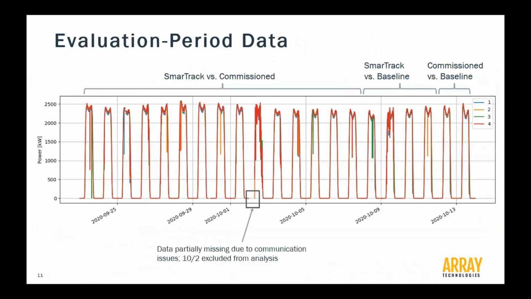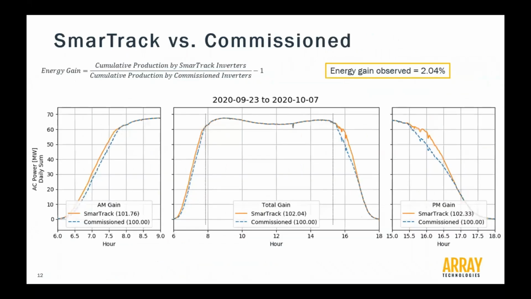So this slide shows the inverter power data collected over the evaluation period. In addition to the SmarTrack versus commissioned alternating operation that we use to evaluate SmarTrack gains on all of our sites, on this site we're able to perform alternating operation testing for SmarTrack versus baseline and commission versus baseline.